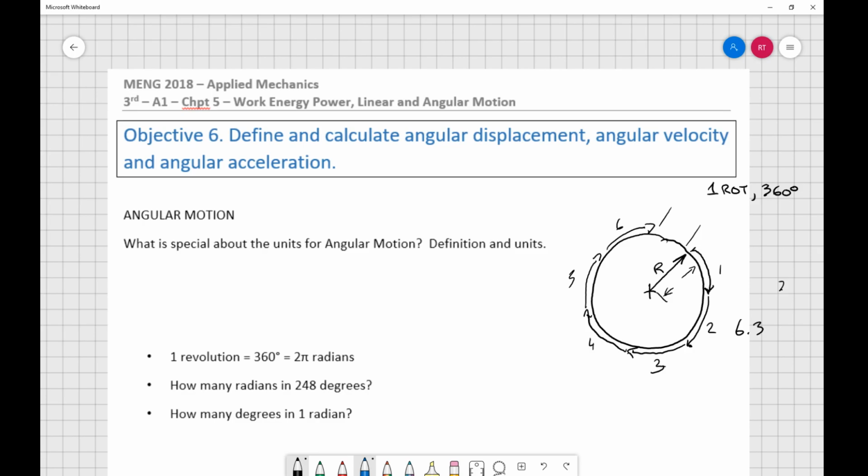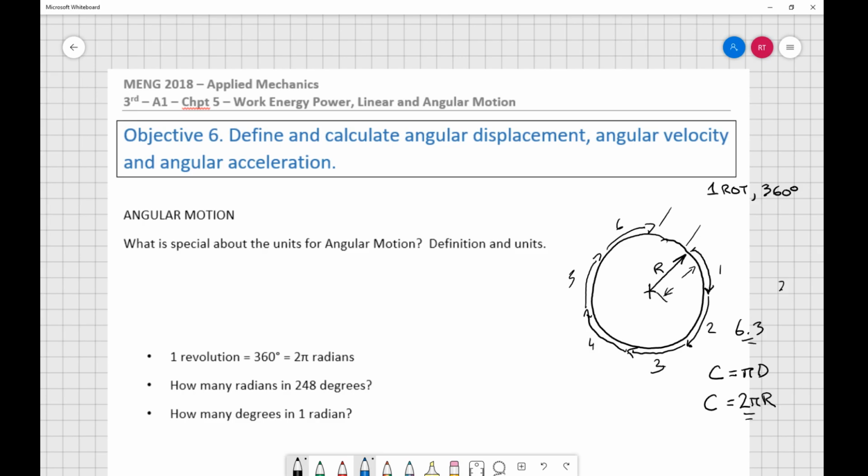We figured out that circumference is equal to pi d. Since a diameter is 2 radiuses, the circumference, or one trip around the outside of the circle, would be 2 pi r. So our 2 pi is the number of radiuses that would fit on the outside of the circle.